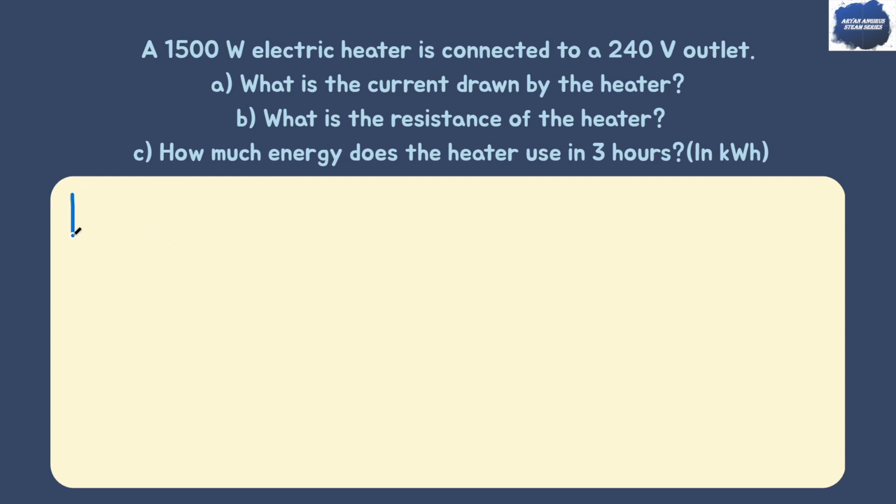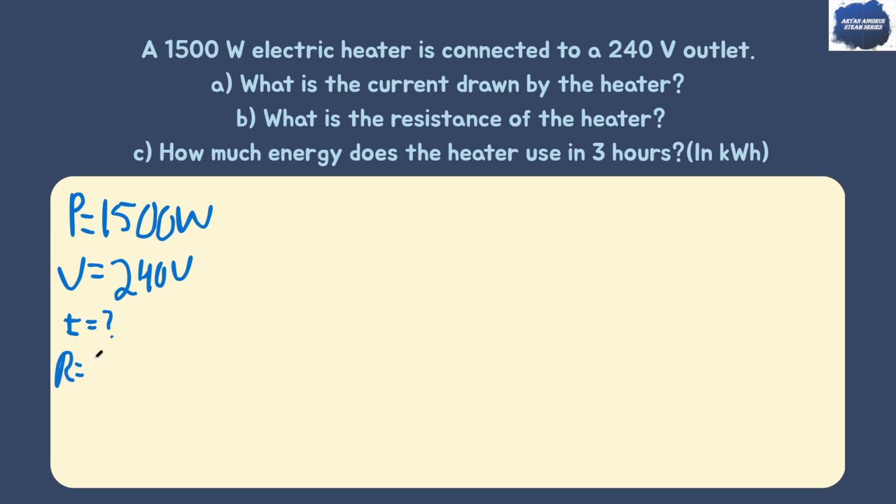So we have power, which is equal to 1,500 watts. We have potential difference, which is equal to 240 volts. We need current, we need resistance, and we need energy.